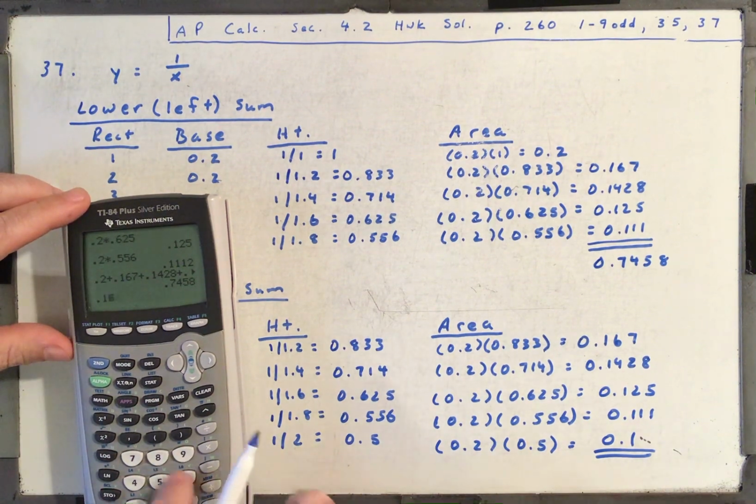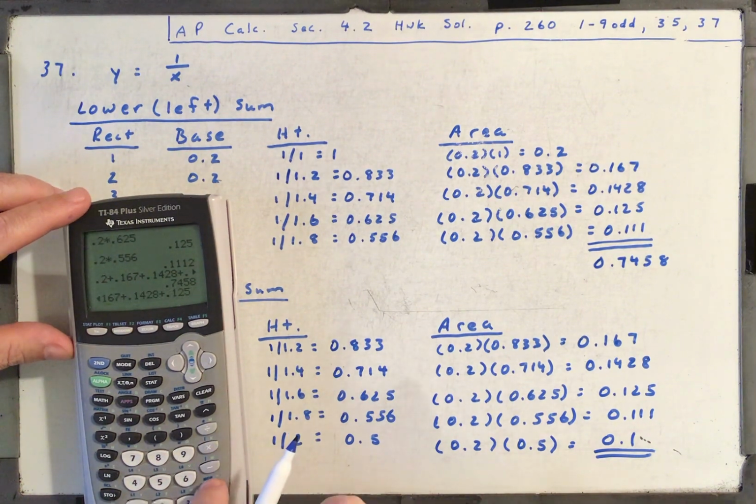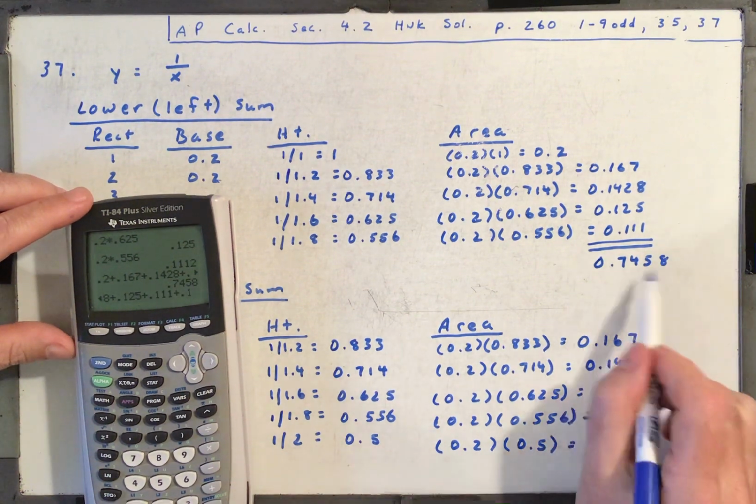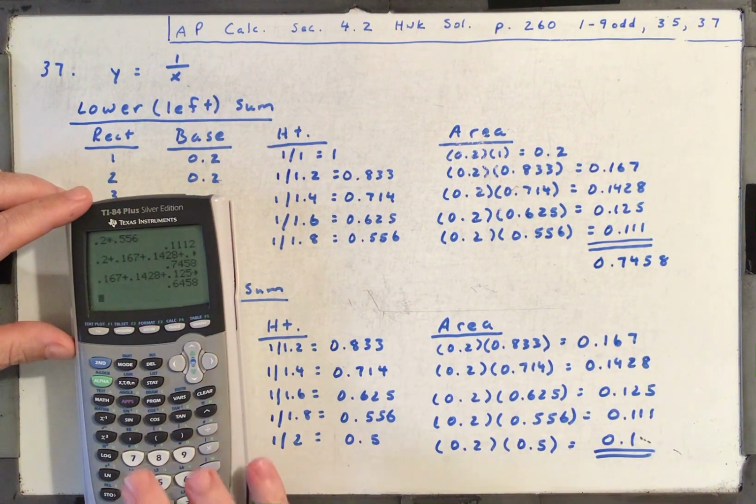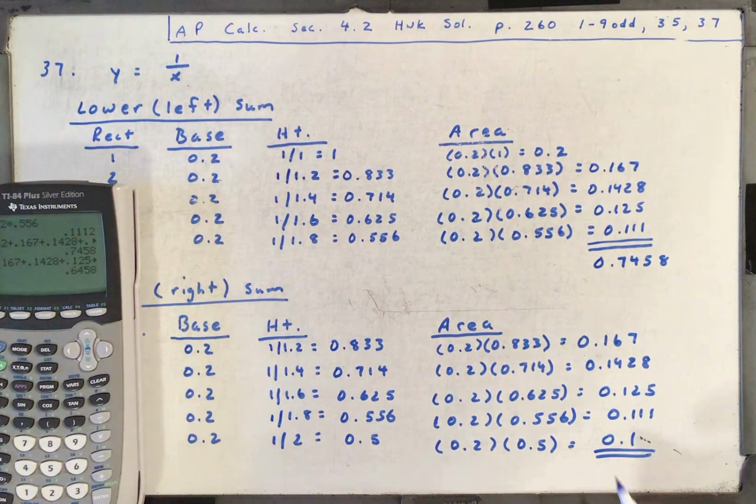So we're going to add those values up. So that's 0.167 plus 0.1428 plus 0.125 plus 0.111 plus 0.1. And it should be less than 0.7458. It's 0.6458.